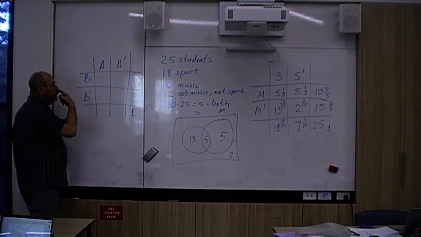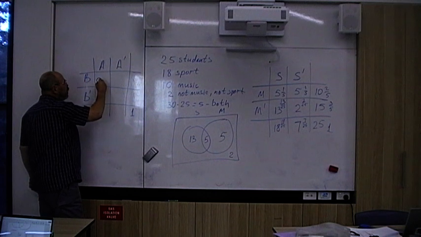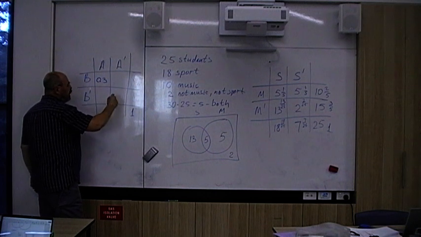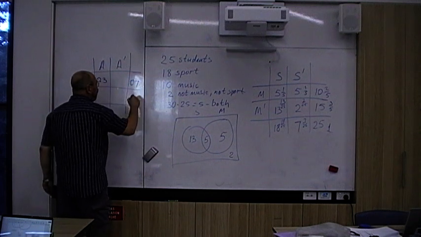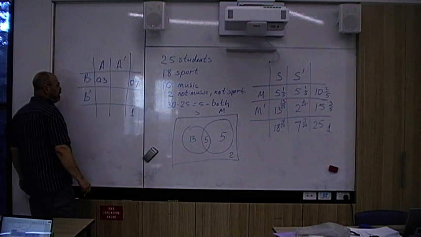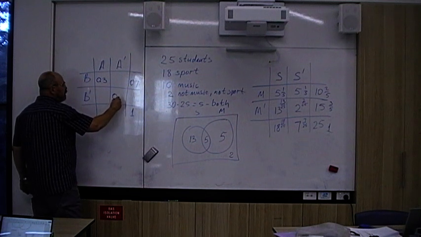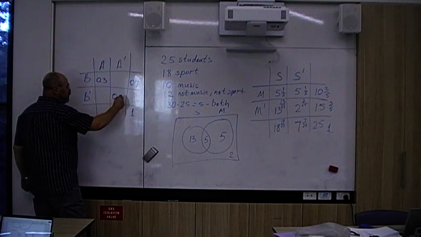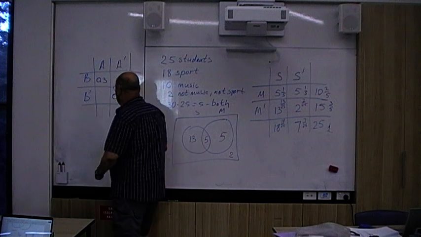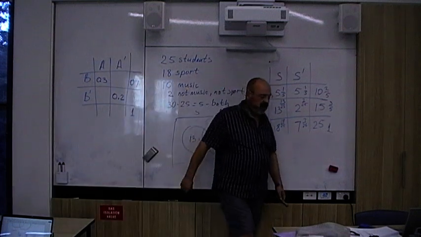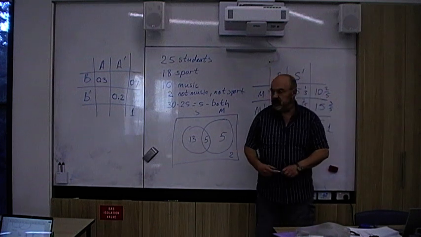Let's say we have here 0.3, 0.7, and 0.2 here. Probabilities can be a fraction, decimal, or percentage.